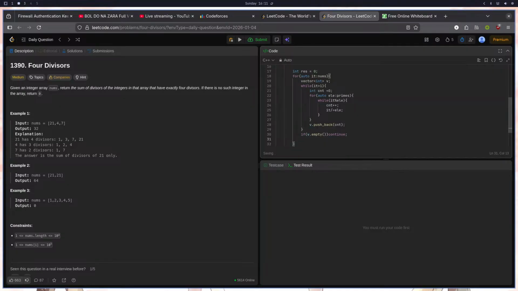Total divisor, I mean, we can take this. LL for auto le in v. Load star equal to this.